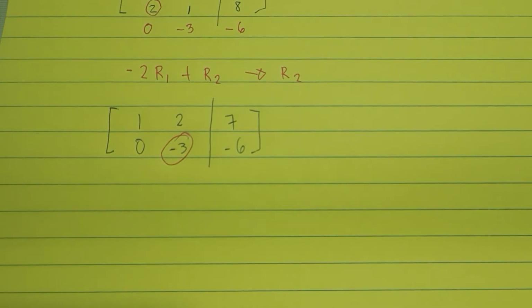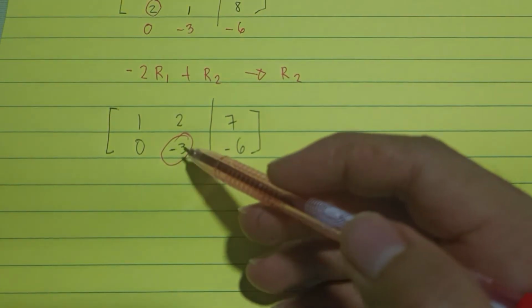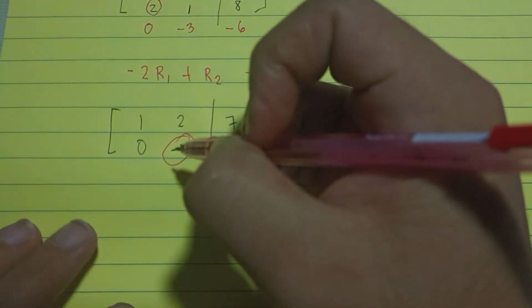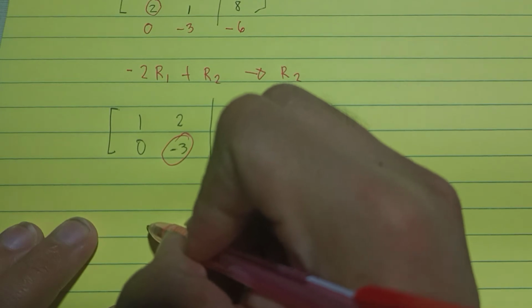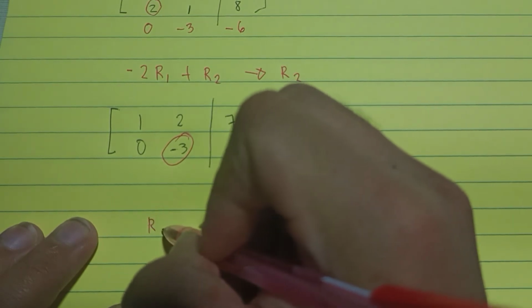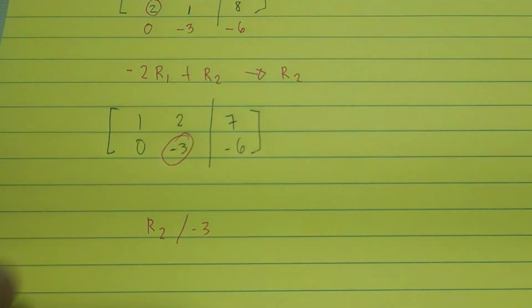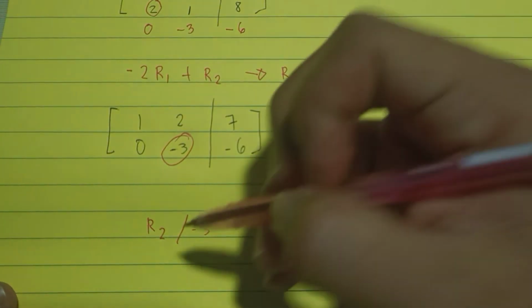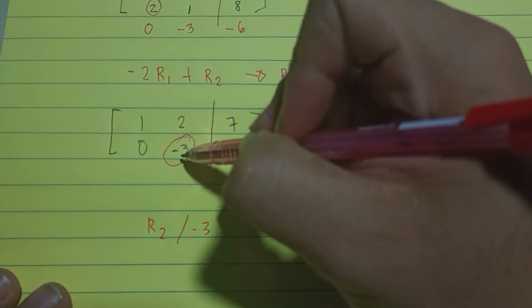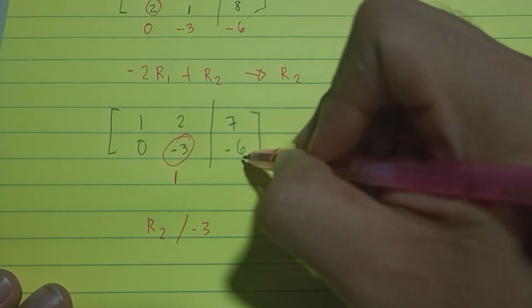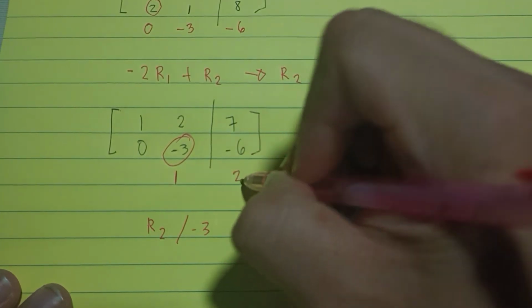we will simply divide it by itself. So here we will use the formula row 2 divided by negative 3. Negative 3 divided by negative 3 is 1, then negative 6 divided by negative 3 is 2.